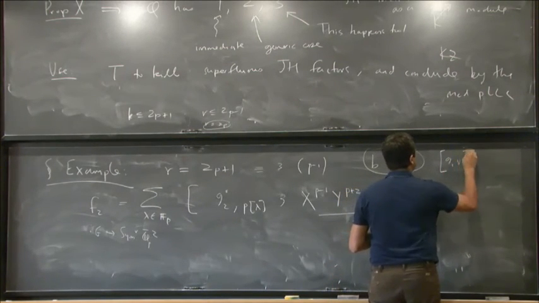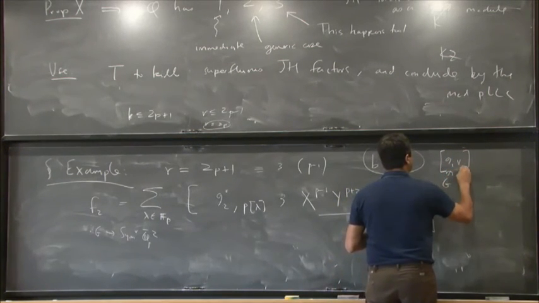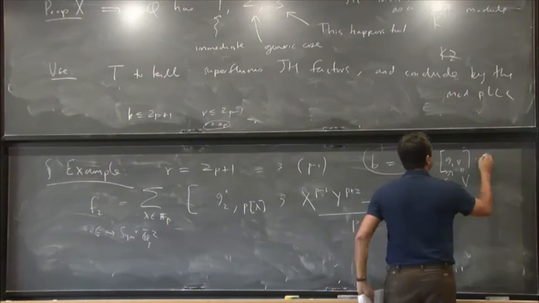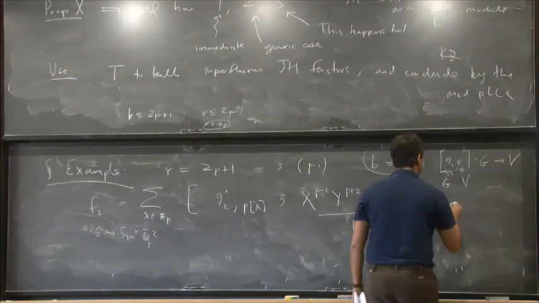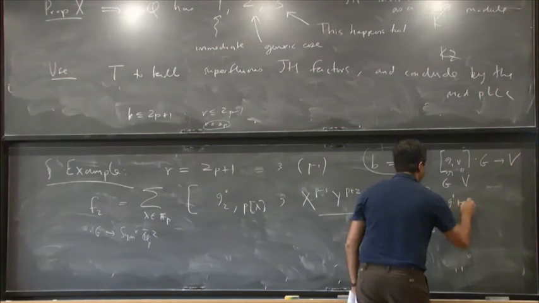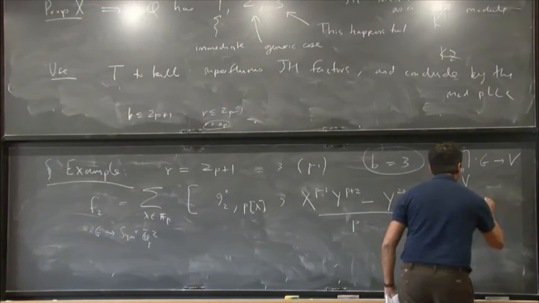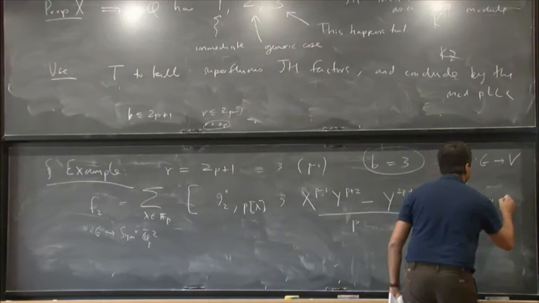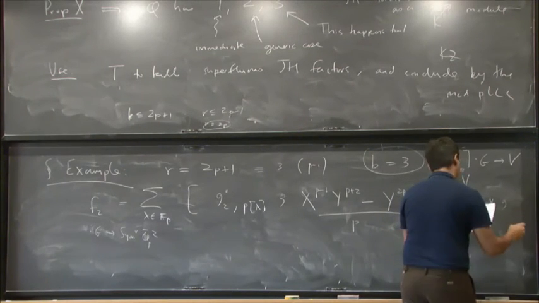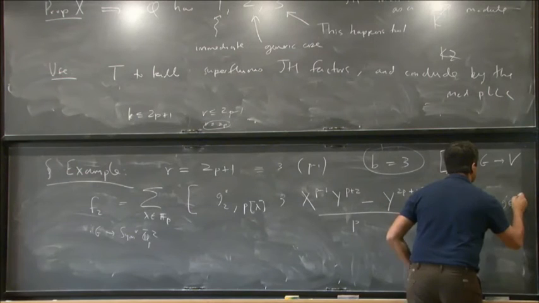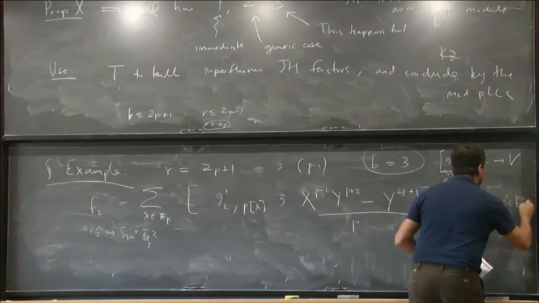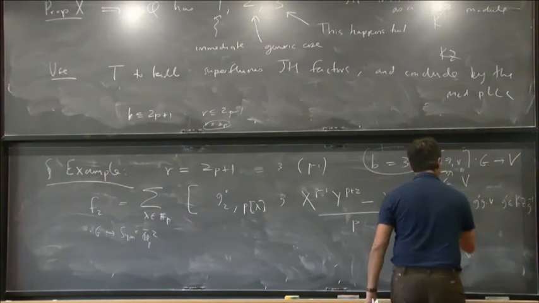So [g, v], for g belonging to G and v belonging to the vector space V, is a function from G to V which takes g' to g'·g·v, if g' belongs to KZg^(-1), and 0 otherwise.